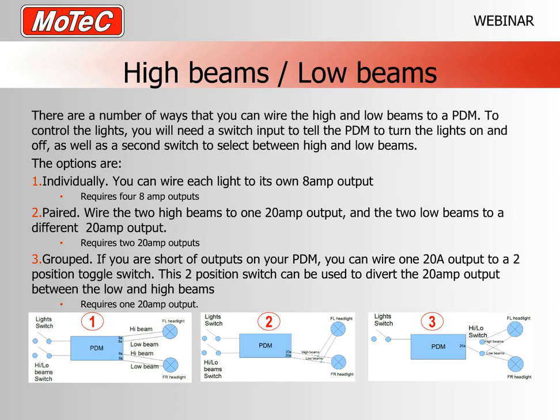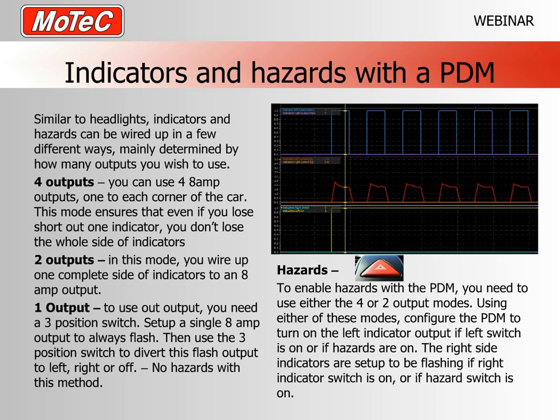So that only requires one output from the PDM, but of course it does introduce switching across a switch of high current, and it also means you can't analyze each of the lamps individually. In fact, you can only look at the pairs of lamps that are wired back into the PDM via the high-low switch. Once again, the options here are simply dependent on how many available outputs you have from the PDM and how much flexibility you need in your monitoring.